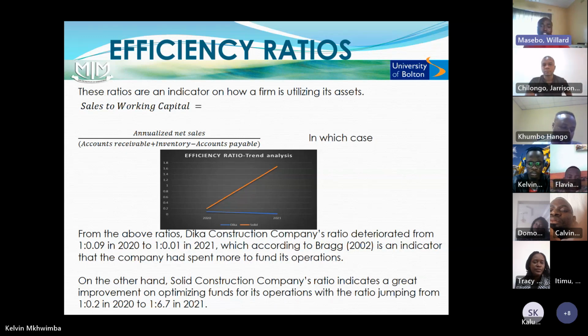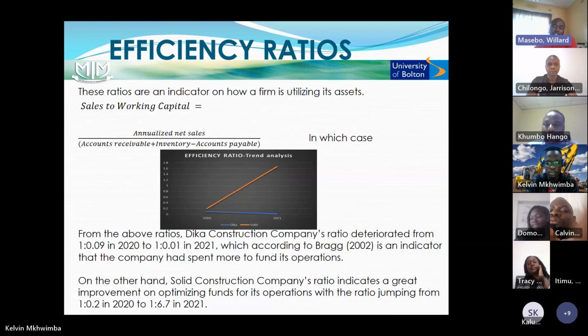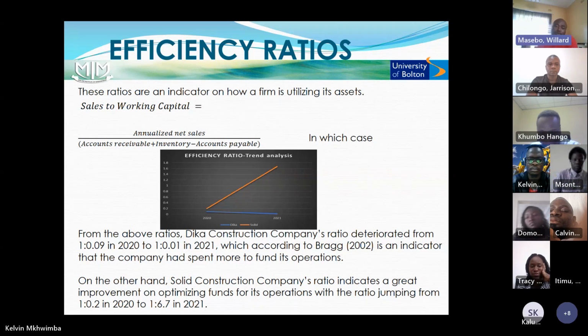Looking at the efficiency of the company, especially Dika, we see that its ratio went down from 0.09 in 2020 to 0.01, which is a decrease of about 60%. According to Blood 2002, that is an indication that the company has spent more money on its operation, because if you look at the graph, you are able to see the decrease in its efficiency.